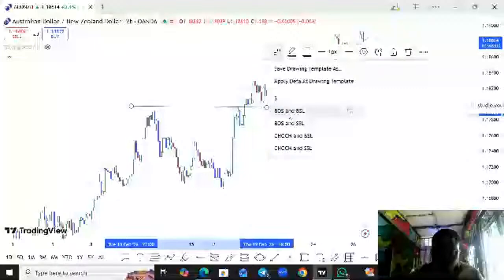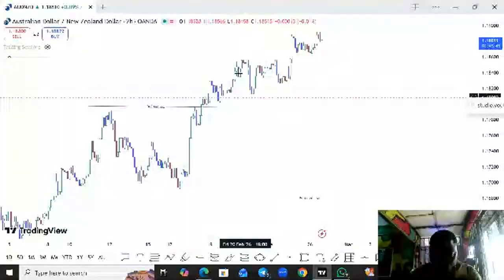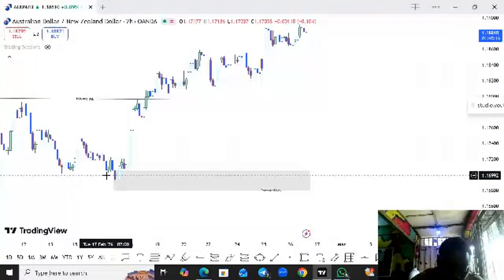If price is breaking structure upwards, it means this bullish trend will continue, as long as price does not take out the low. So technically now, what should you expect? You expect a pullback, a bearish candle close to that demand.